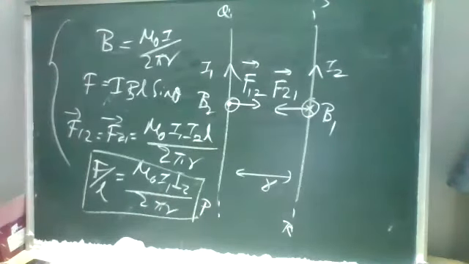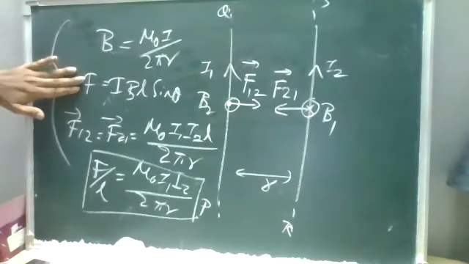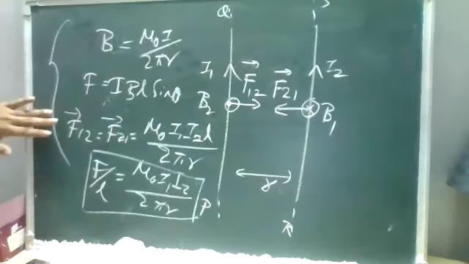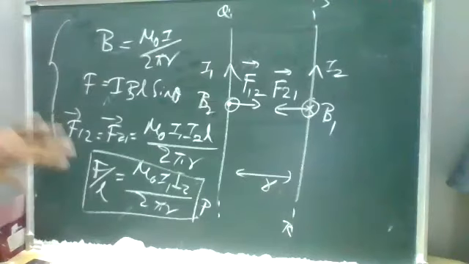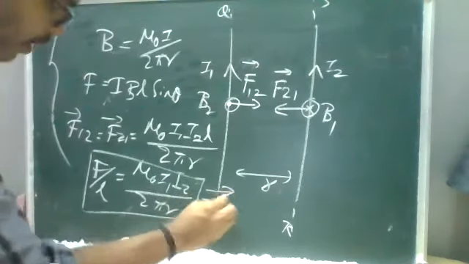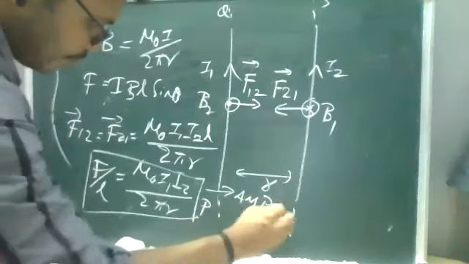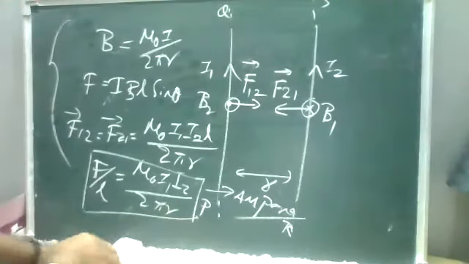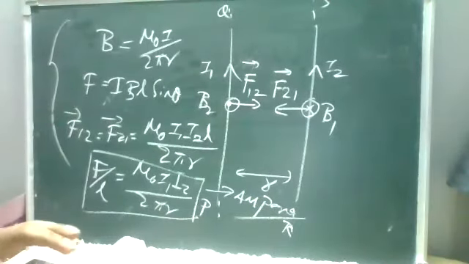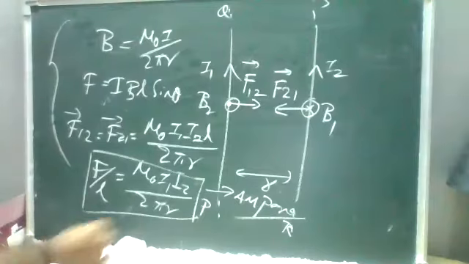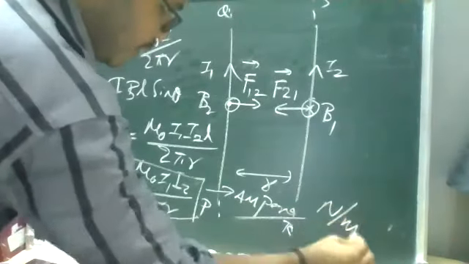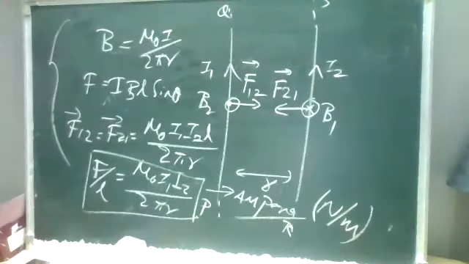So this is your relation for the magnetic field, the force acting on the conductor, and both forces are the same; it is nothing but force per unit length. The unit is Newton per meter. This force per unit length is used to define the ampere.